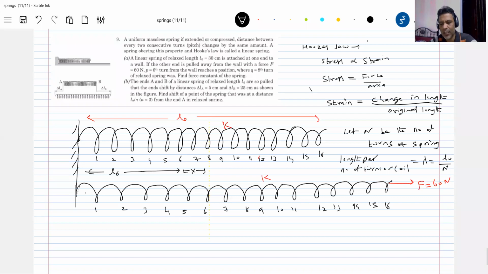You should write. L6, I'm going to write it as 6 turns into lambda, or 6 L naught by N. What about L8? 8 lambda, 8 L naught by N.